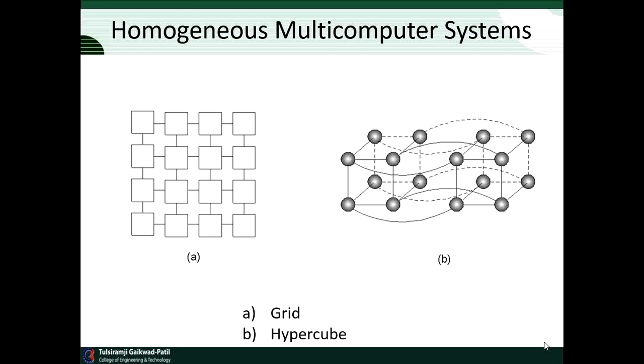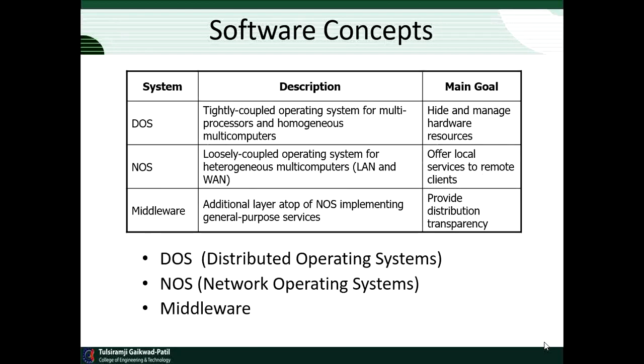All the cubes are linked with each other, and they share their memory with those cubes which are connected in the network. So this is about the homogeneous multi-computer, where the computers have their own CPU and own memory, but they are shared amongst themselves through the hypercubes.